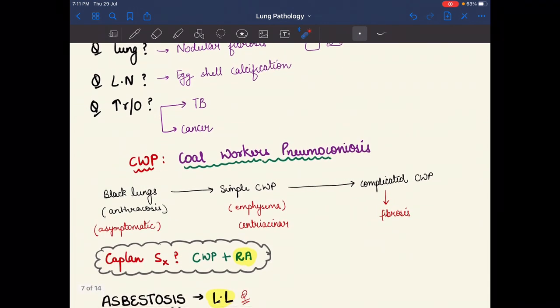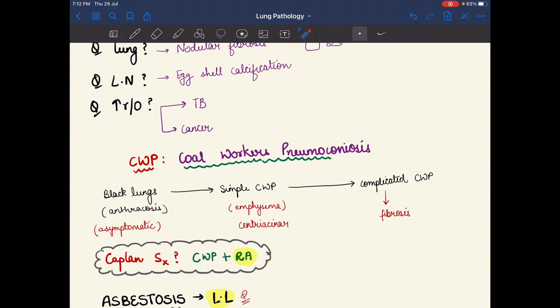The next pneumoconiosis is coal worker pneumoconiosis. Due to the coal, pneumoconiosis occurs, meaning there is restriction of the lungs. As we know, coal is black in color, so in this, black lungs, that is anthracosis, the patient is asymptomatic.